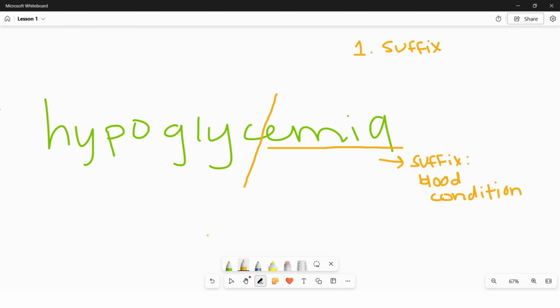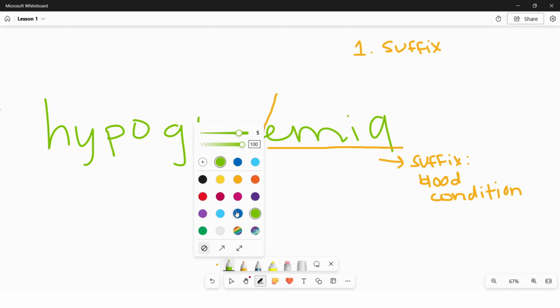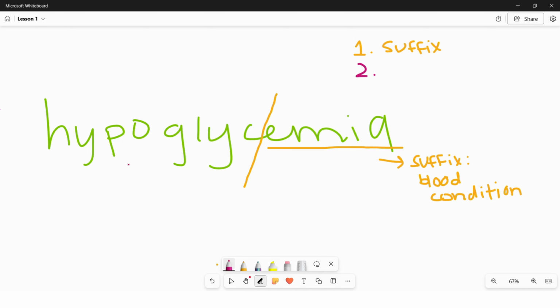And then the next thing you want to look at is the prefix or the start of the term. It might not always have a prefix, so in parentheses just write start of the term. And the start of the term here is hypo. And hypo means below or deficient.